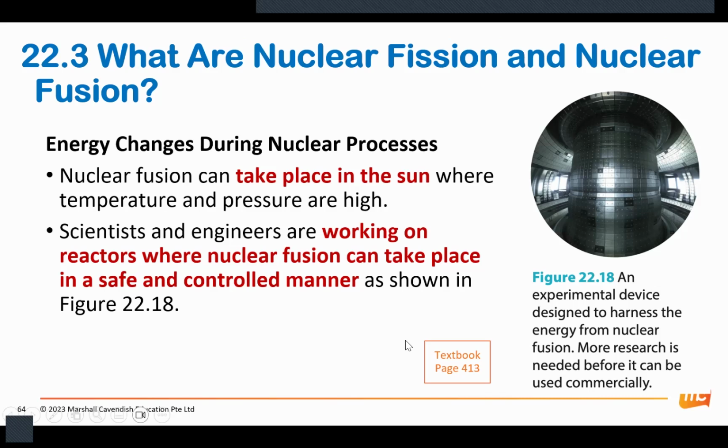So governments are pumping in a lot of money and research to see whether we can create certain conditions for nuclear fusion to take place, to fuse two nuclei together, and whether we can actually do it in our nuclear power plants.